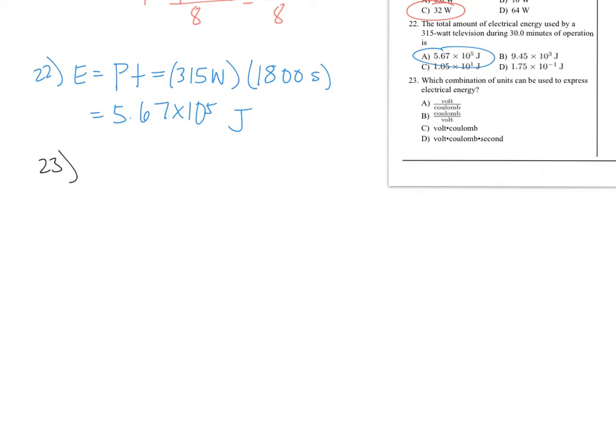Okay. Electrical energy. Let's see. Let's start with this. E is equal to watts times seconds. P is equal to IV, P, which is equal to amps times volt.